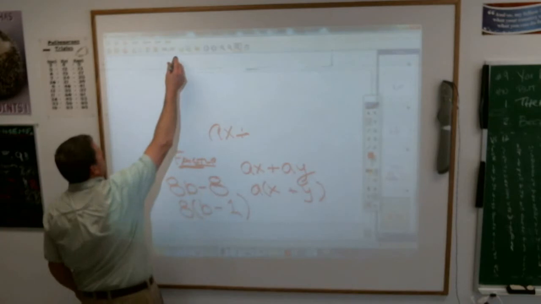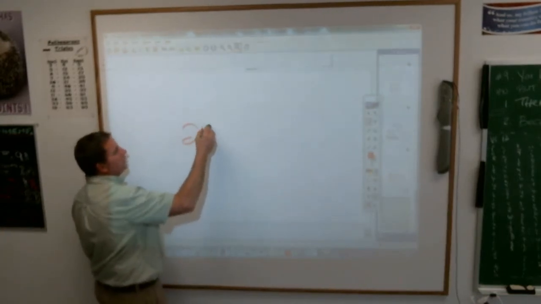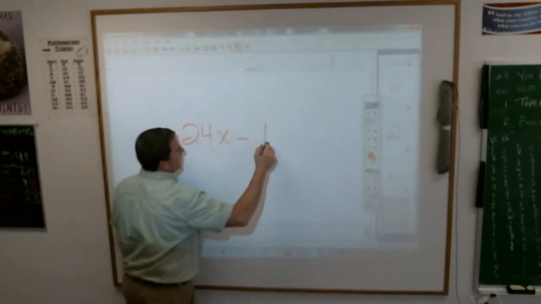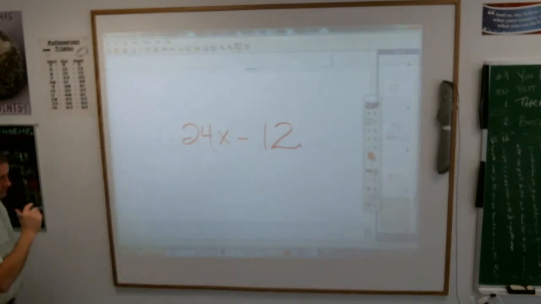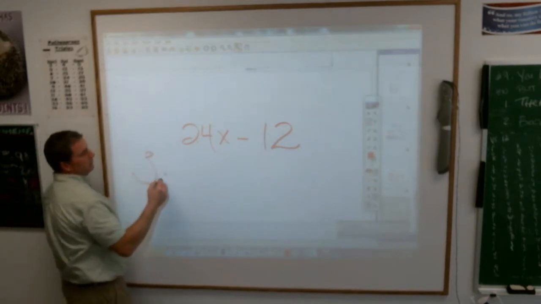Now, take a look at this, and here's where a lot of people go wrong. 24x minus 12. And I ask you to factor that.